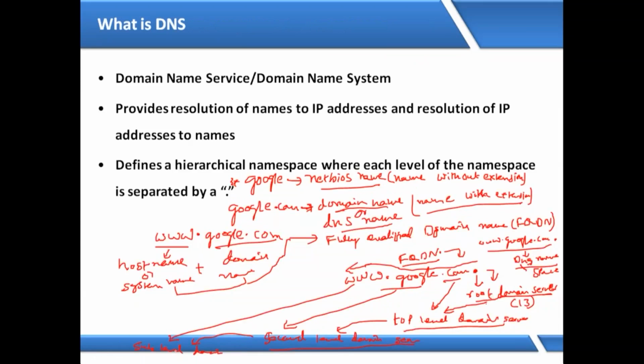The next one is called the sub level domain. Whatever I have written is there in the slide, but I wrote it to make you understand in a simple and easy way.